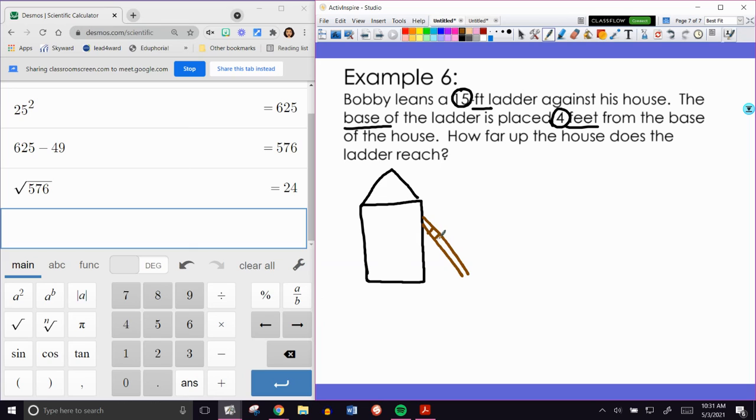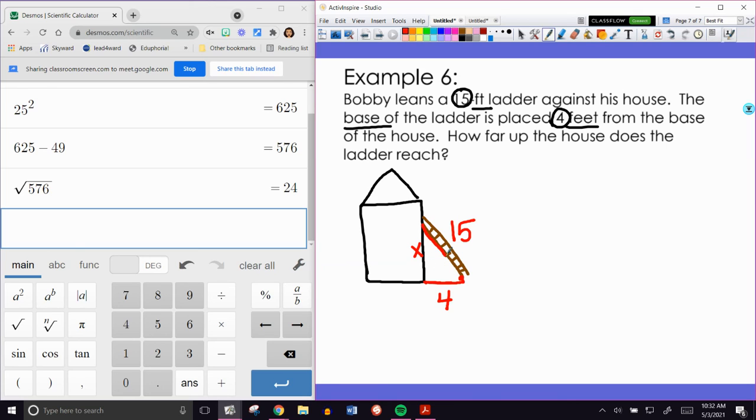Now it says Bobby leans a 15-foot ladder. So the ladder is 15 feet long. The base of the ladder, so the bottom part of this ladder, is 4 feet from the base of the house. How far up the house does the ladder reach?